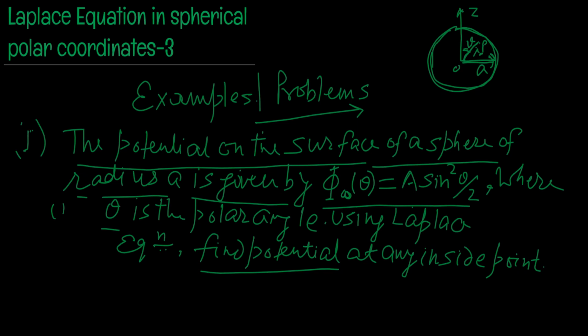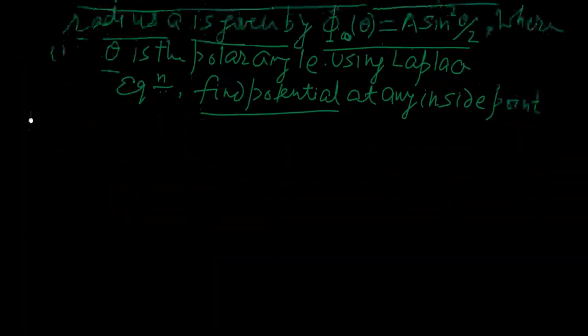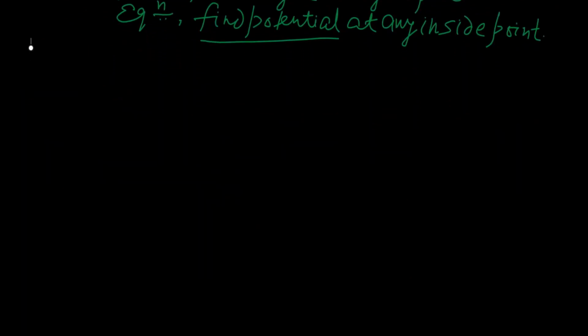See the problem and think seriously. Here potential is given on the surface of the sphere, and the problem in fact has azimuthal symmetry, because phi is given in terms of theta.